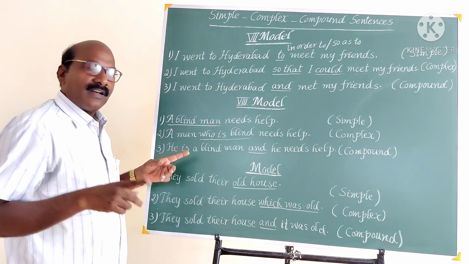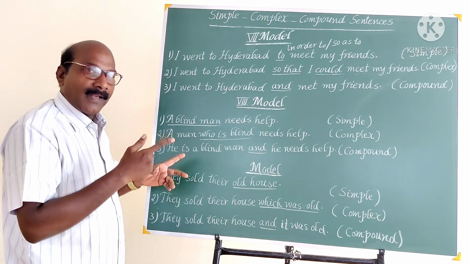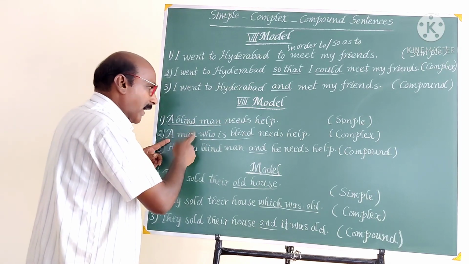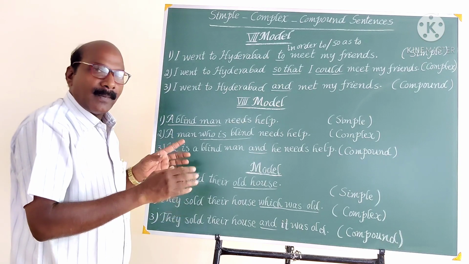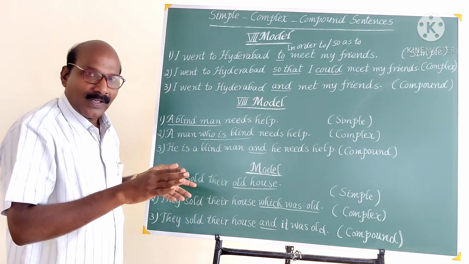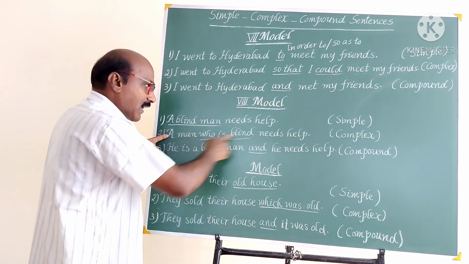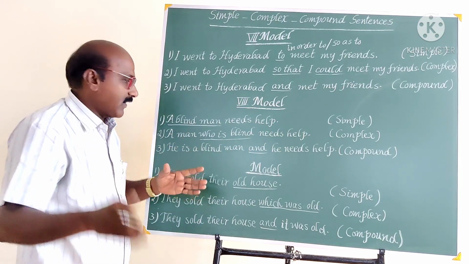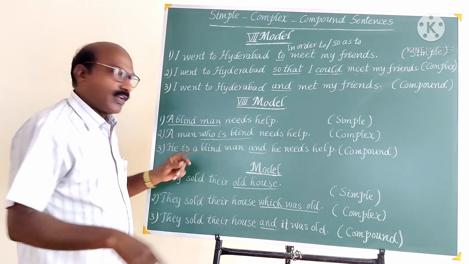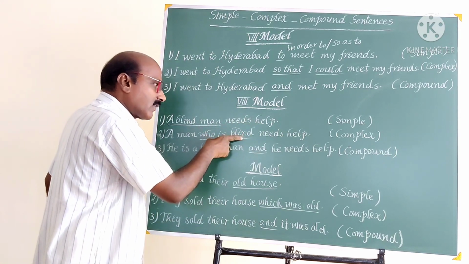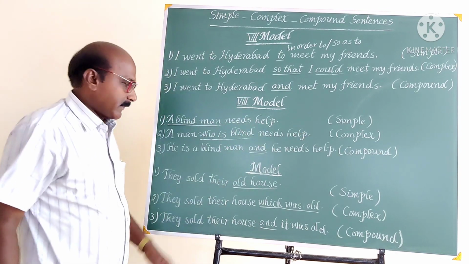And here it's somewhat difficult to identify the main clause and subordinate clause. A man needs help. The main clause is not given consecutively. A man needs help. This is the main clause. Who is blind? This is the subordinate clause. Combination of one main clause and one subordinate clause is complex.